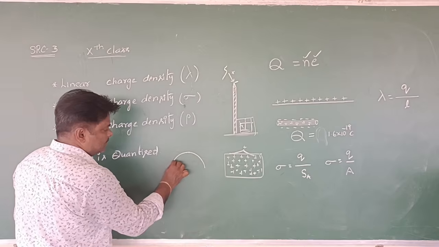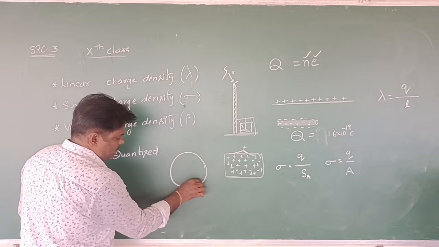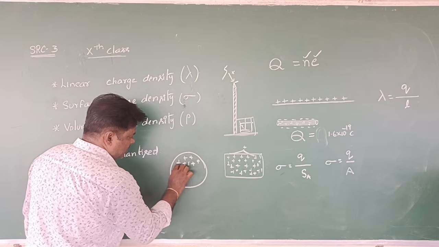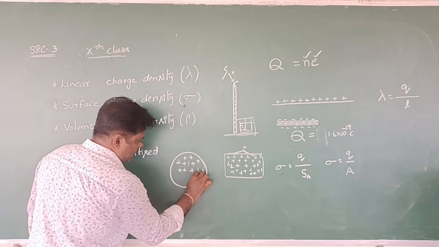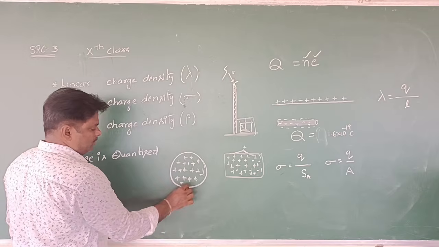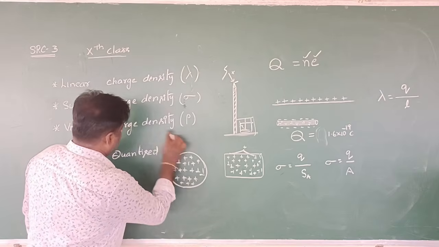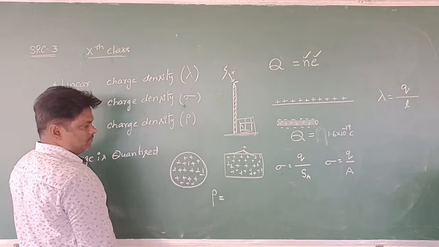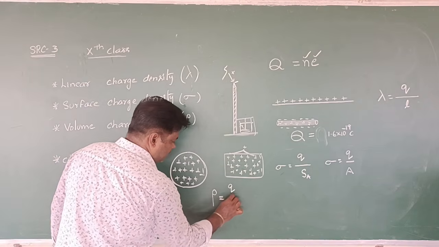If the charge is spread inside a spherical metallic sphere, conductor only, then volume charge density is equal to charge per unit volume.